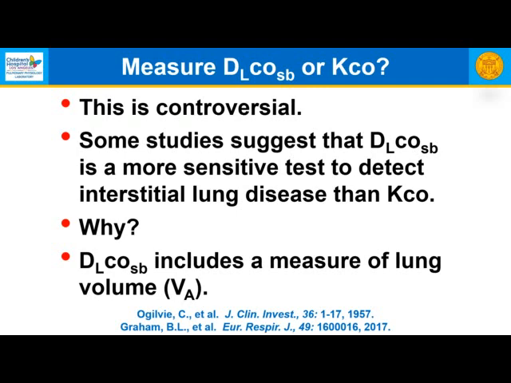But at least in my mind, it's not really the diffusion across the alveolar capillary membrane or into the hemoglobin that is decreasing the diffusing capacity. It's simply the fact that there is, in addition, some restrictive disease. So yes, you'll find a number of papers that say the diffusing capacity is more sensitive than KCO, but the reason is that lung volumes are often decreased, and it's not really what we're interested in looking for.